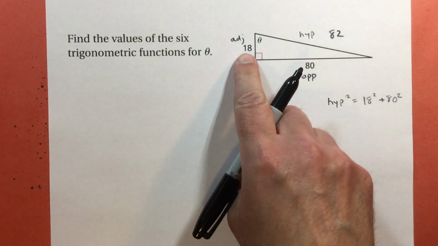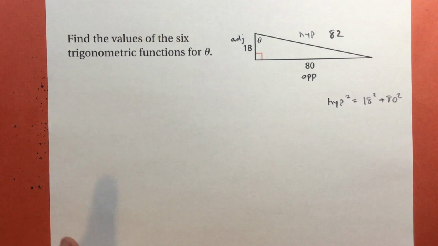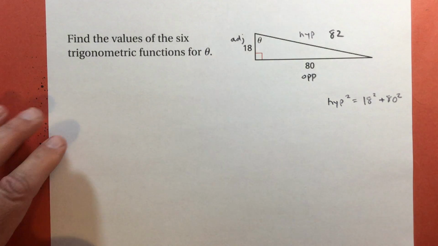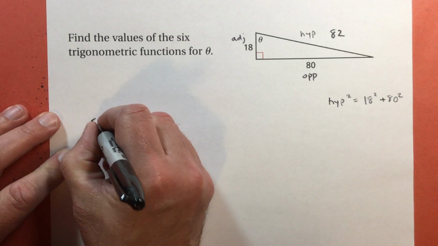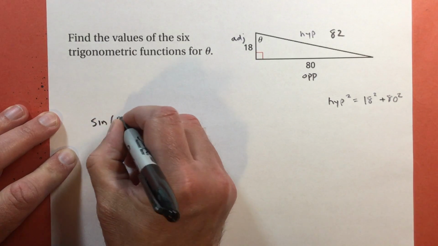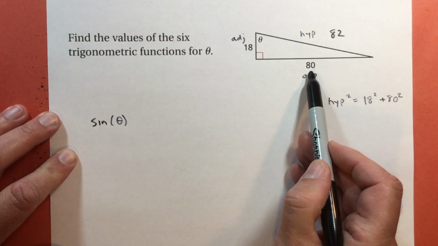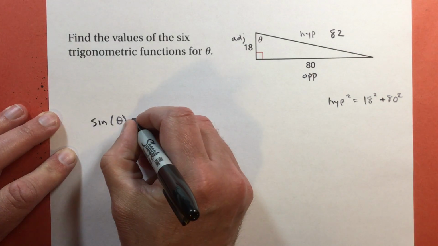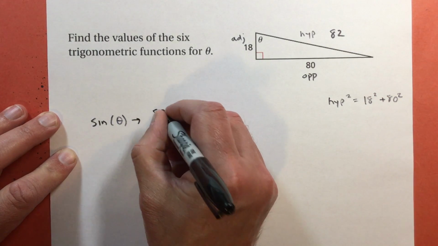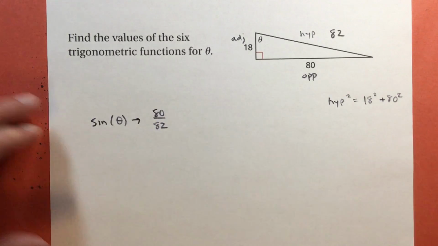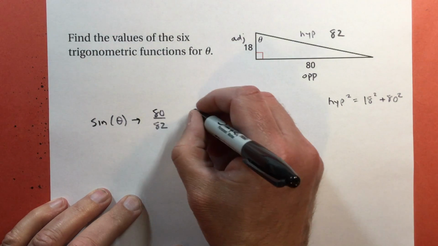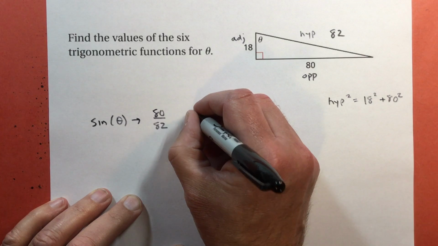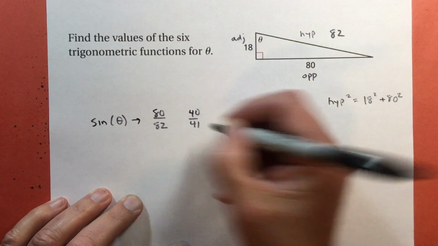And I already know that these are all even numbers, so at least they have a common factor of 2, which means that I'm probably going to reduce or simplify. So sine of theta, again, is opposite over hypotenuse. This is going to be 80 over 82. And looks like the only common factor is going to be 2. So if I simplify, I get 40 over 41.